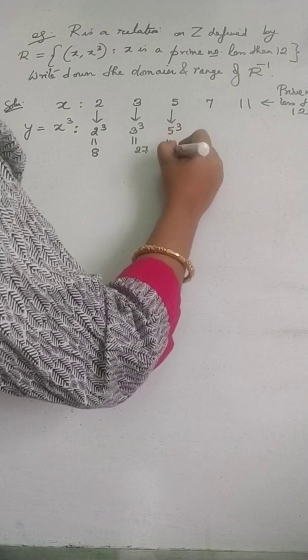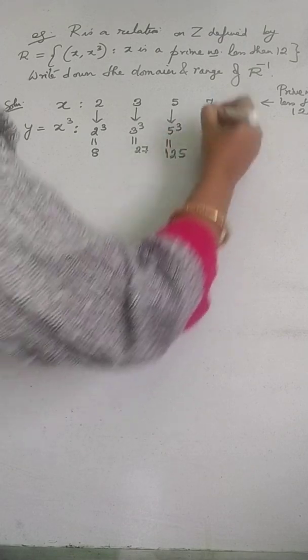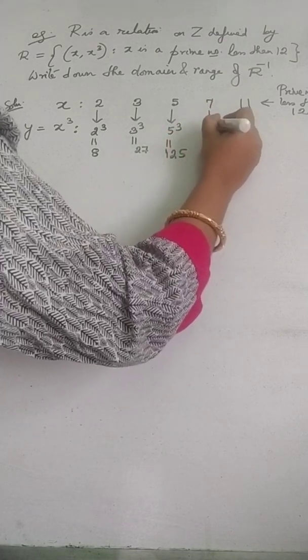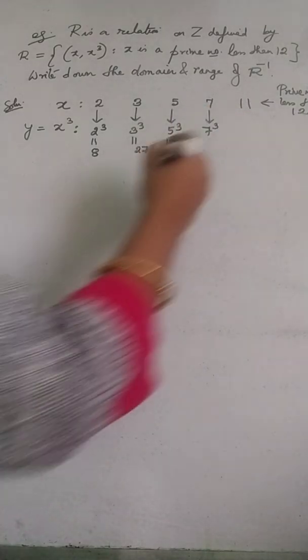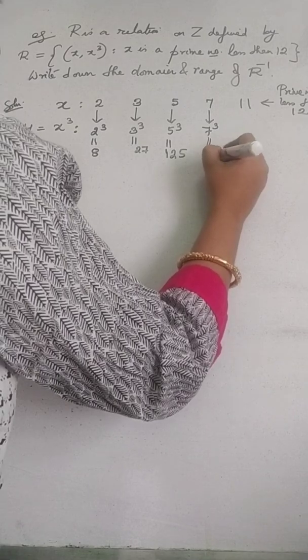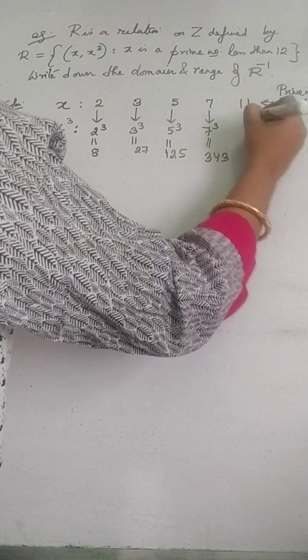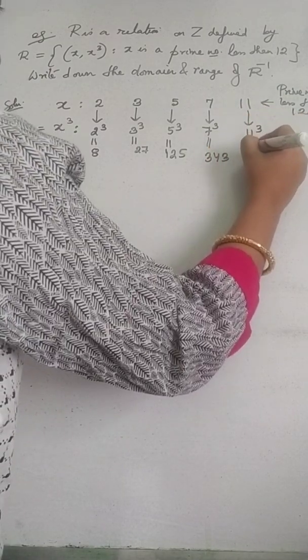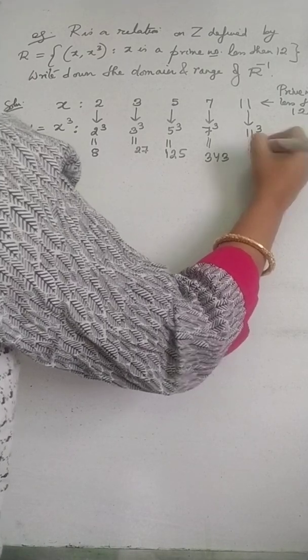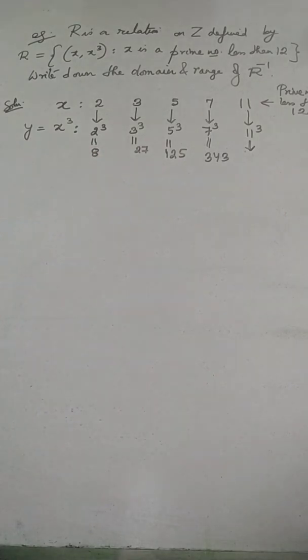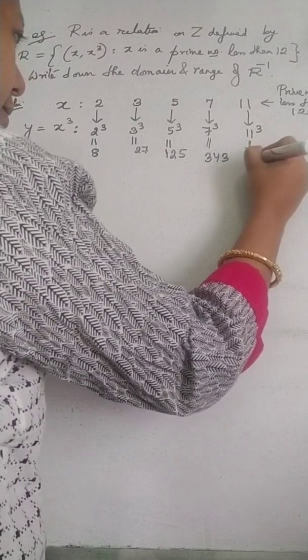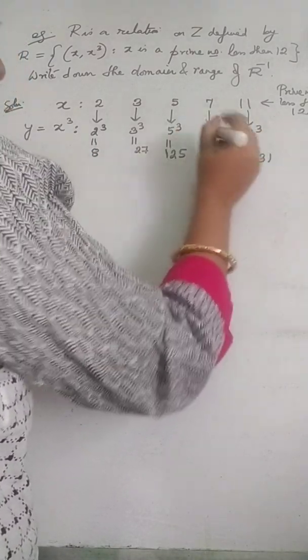That's 125. For 7 it is 7 cubed, that is 49 into 7, which gives us 343. And for 11 it is 11 cubed, which gives us 1331, isn't it?